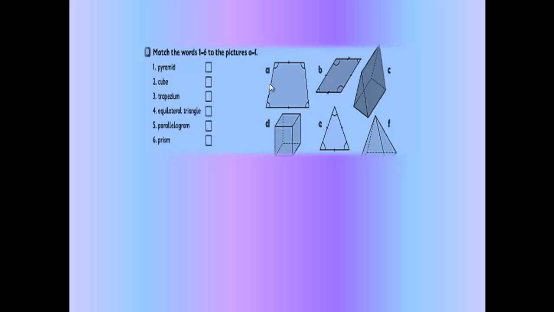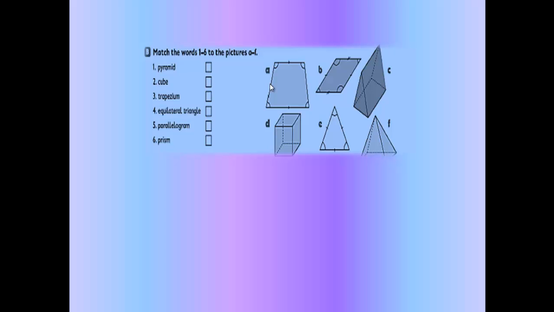Number 5, parallelogram. Where is the parallelogram? Yes, it's number B. Here we have parallel sides. Each 2 opposite sides are parallel. So we can match number 5 with number B in the pictures. And finally, prism.